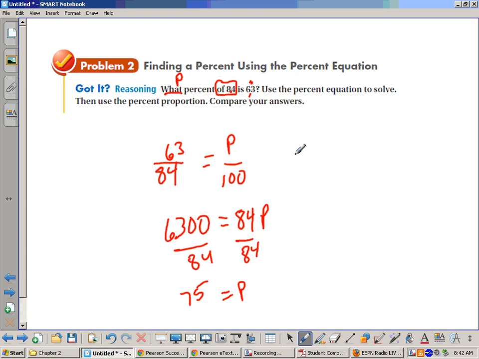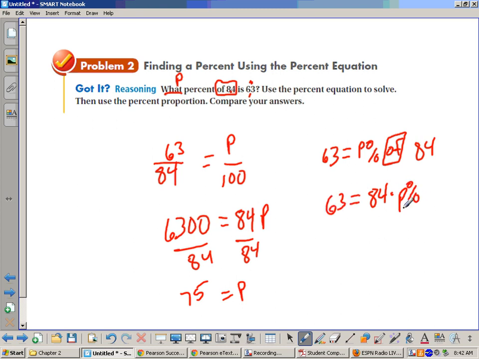Now we can solve this same problem using the percent equation. We know 63 is our part that we have. That's going to equal P% of 84. Of in an equation means times. So we want to take 84 times P and set that equal to 63. I like to put my number first when I do a multiplication problem. Just remember that of means to multiply.